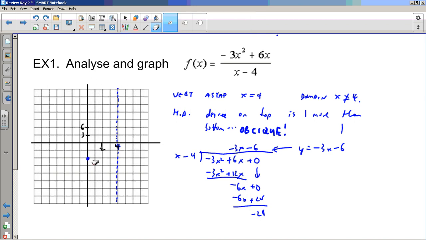And then the next point would be down 3, right 1, down 3, right 1, down 3, right 1, and I fix my scale up so I can see that. There's the slope of the oblique asymptote, and so it's going to look something like this.